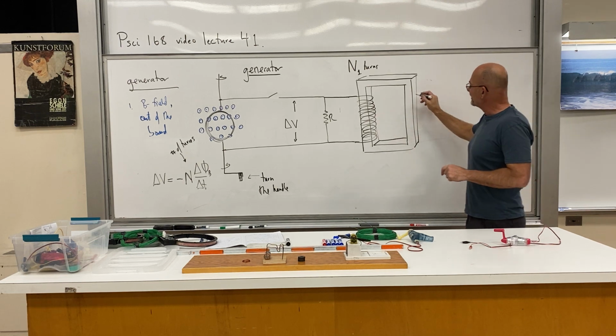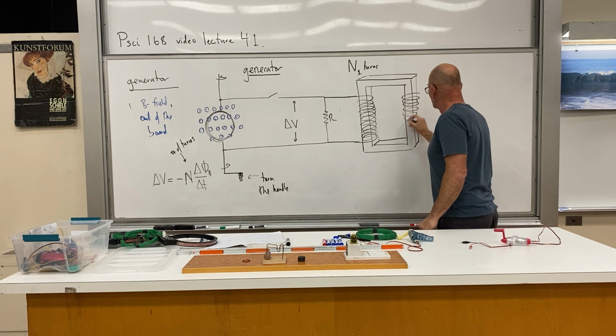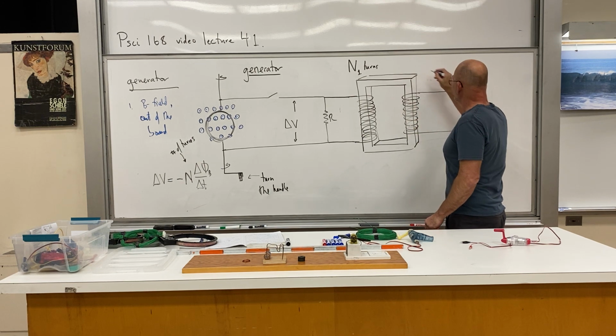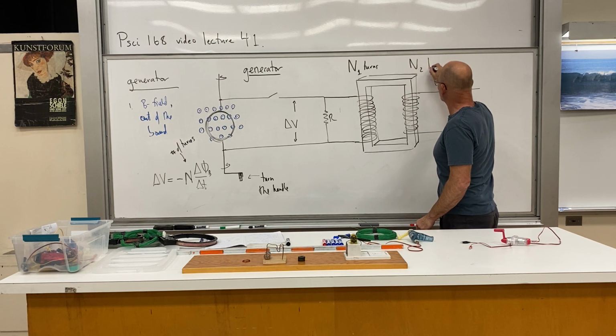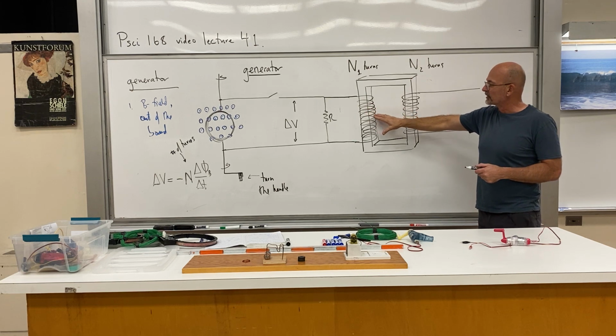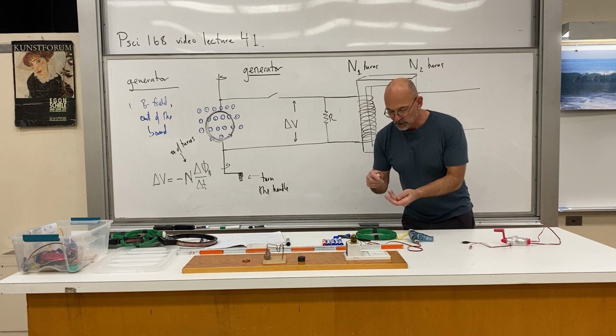Insulated wire, and then on the other side, we have wire wrapped around it with N2 turns. These wires are not in contact with each other, but let's use blue.